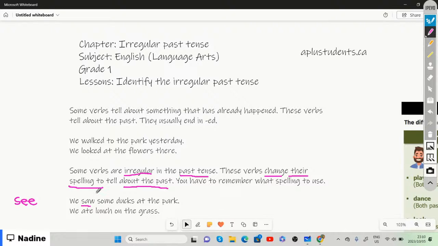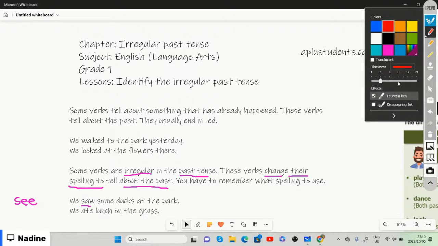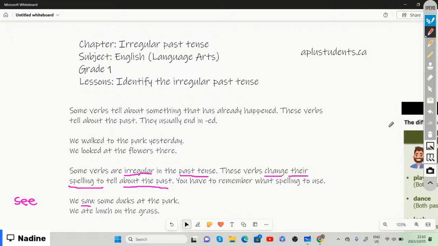So as you can see how the word has changed. We did not just add an ed or anything. The spelling of the word changes, because see changed to saw.